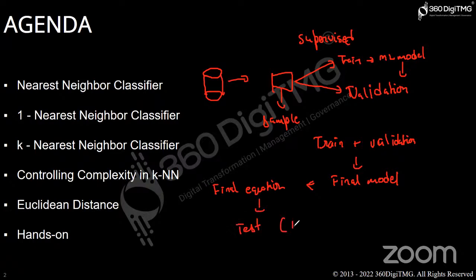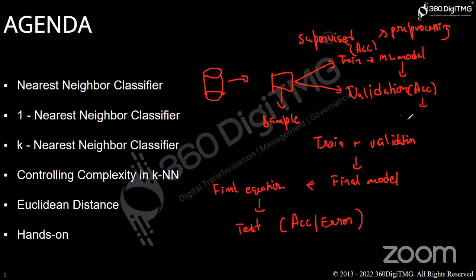Here we are measuring again the accuracy and the error. Now, if the test accuracy is not good, then we do hyperparameter tuning. But here, if your training accuracy is not good, then we go back to pre-processing. We are also going to measure the accuracy at validation stage.